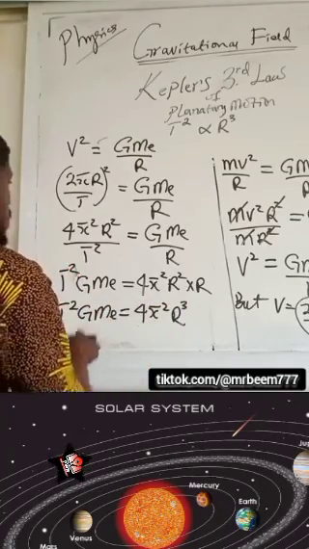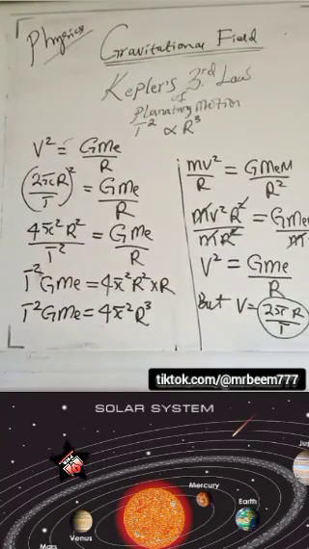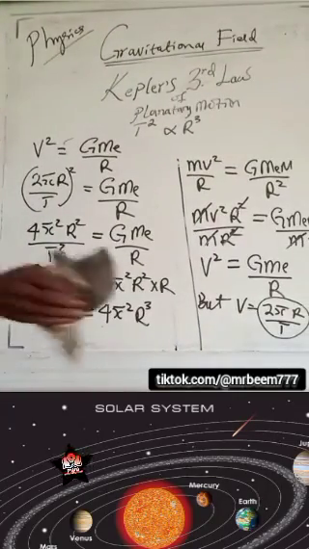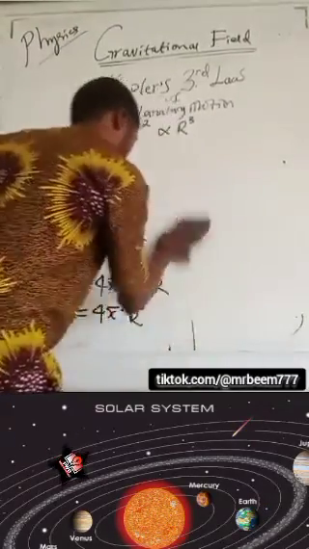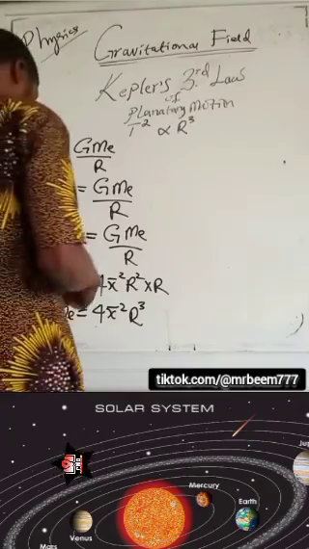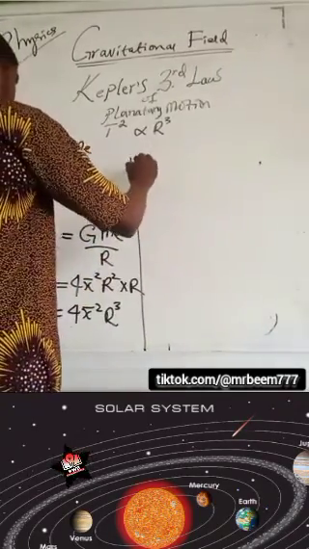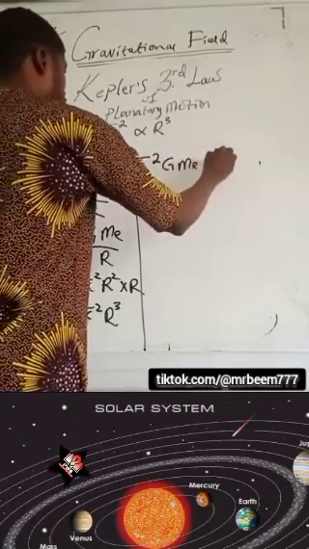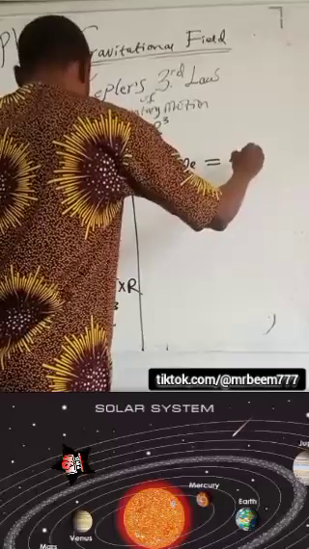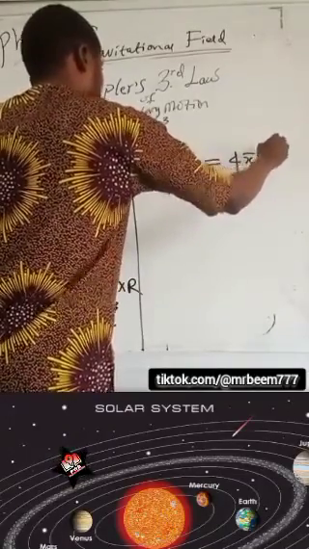So we are going to make T squared the subject of the formula. Can you see that? To do that, we have T squared G M E is equal to 4 pi squared r cube.